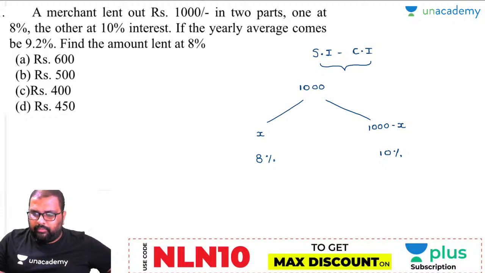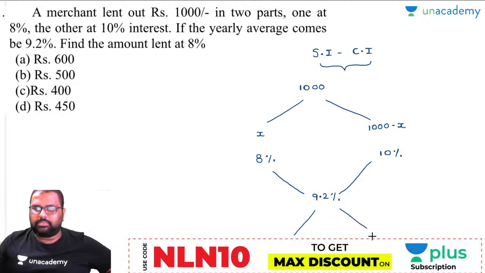Now when I club this together, at the end of the year, how much did I get? 9.2 percent. Am I right? Yes. So by the alligation rule, 9.2 minus 8 will be 1.2, and 10 minus 9.2 will be 0.8. Now the ratio will be how much? Is it 2:3? Yes.